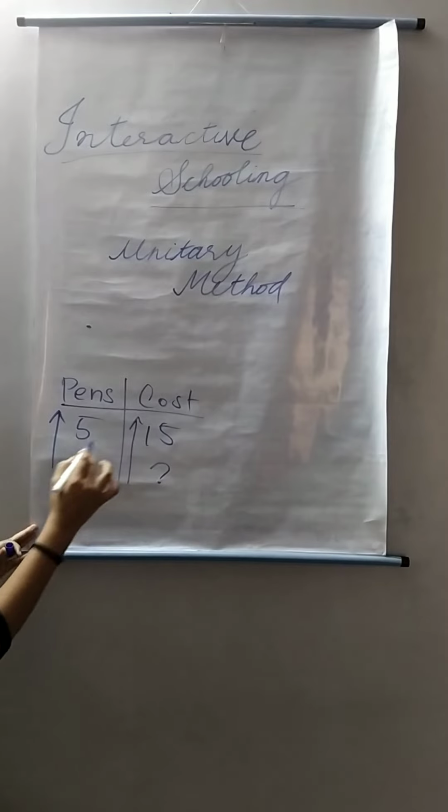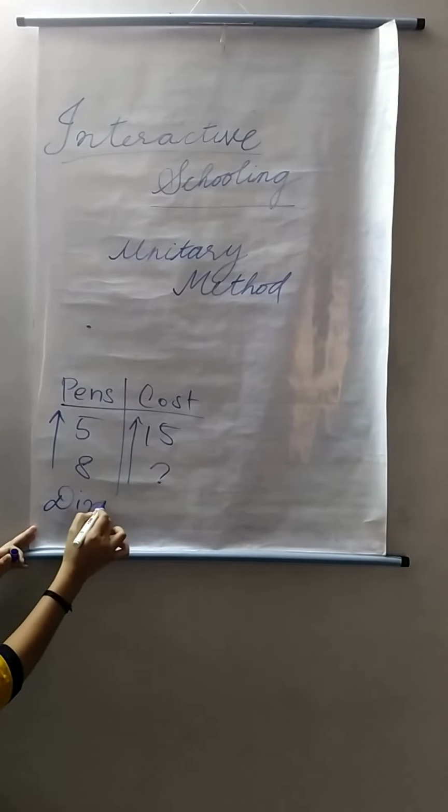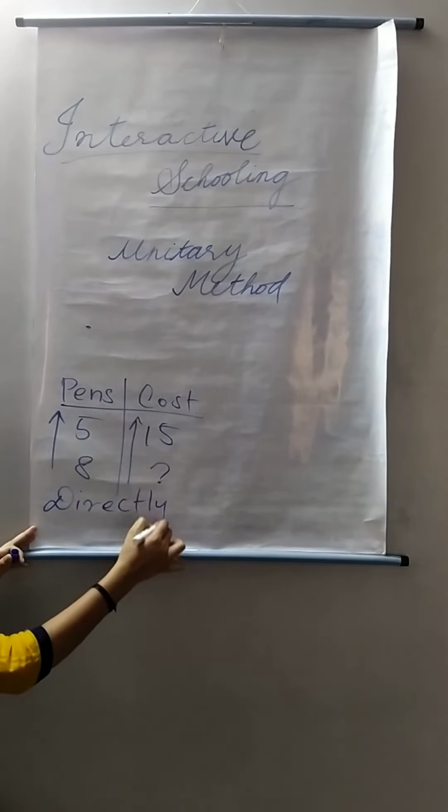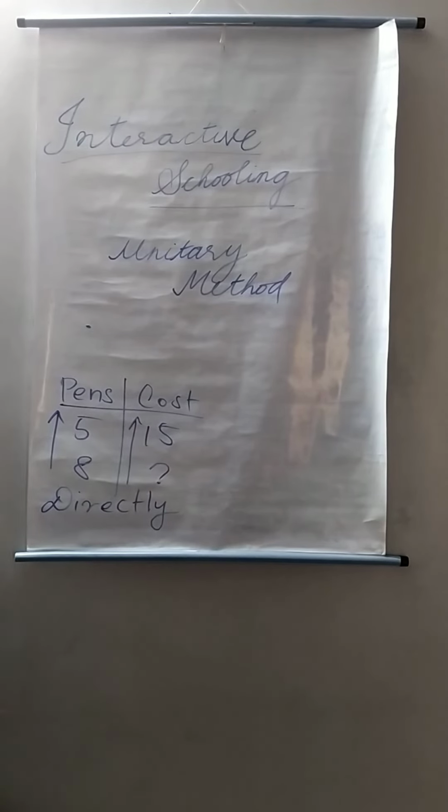In this case, both the sides are directly proportional to each other. What's directly proportional? It means both the elements that we take into consideration will either both raise or both decrease. That's directly proportional. This is the direct method.